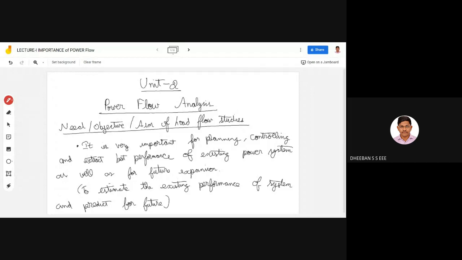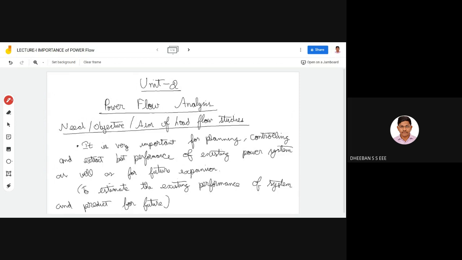So the topic of unit 2 is power flow analysis. Okay, we'll be dealing with how power is flowing through your complex interconnected power system. Based upon this only, the many kinds of SCADA, that is supervisory control units in the substations, are all working.